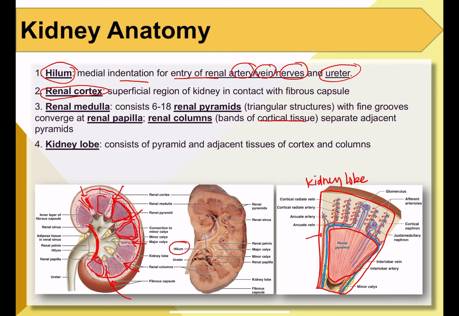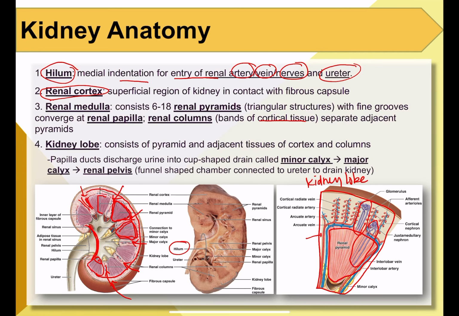Okay, and these purple things you're seeing right here are those nephrons we're talking about as a basic functional unit of the kidney. Now, the papillary ducts will discharge urine from the pyramid, because that's your nephron, and then it will discharge urine into this renal papilla area, which then drains into this tiny little cup area called the minor calyx.